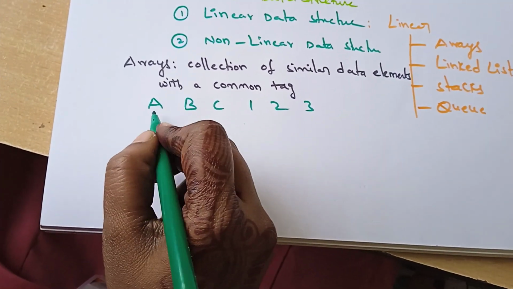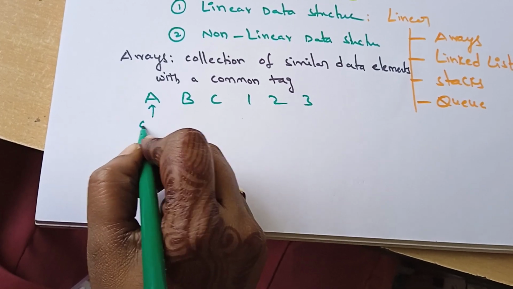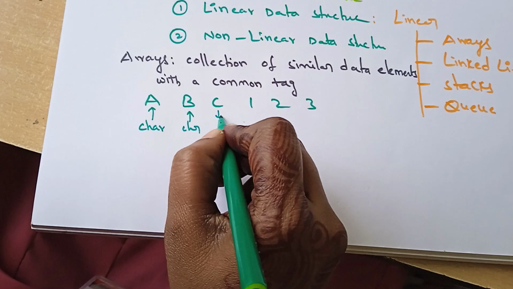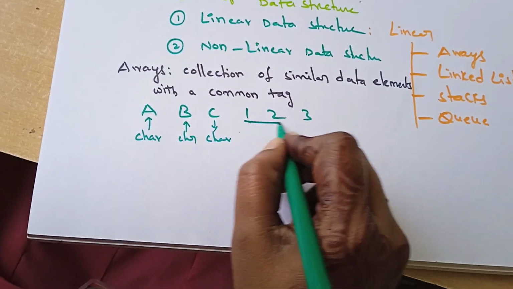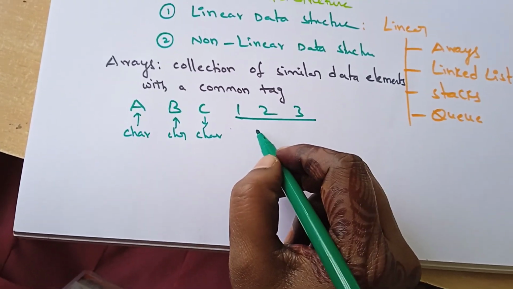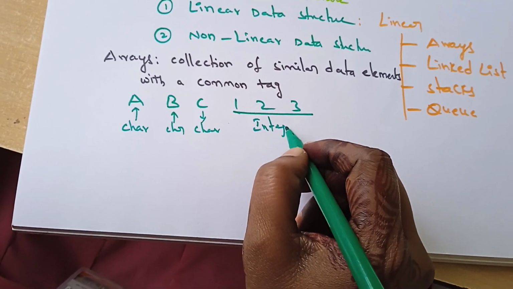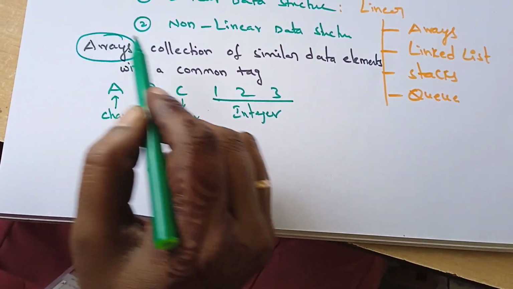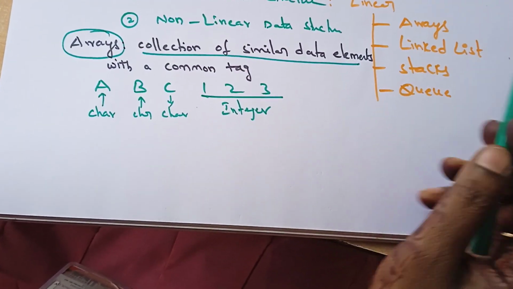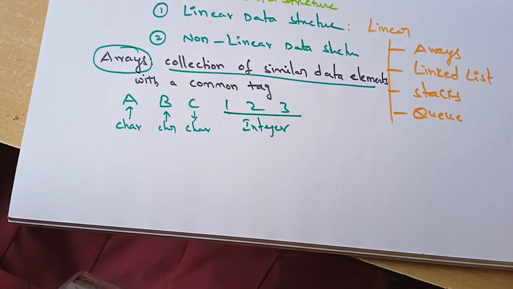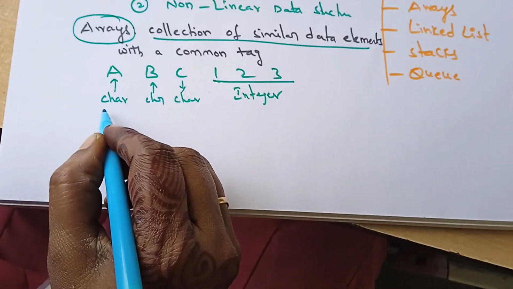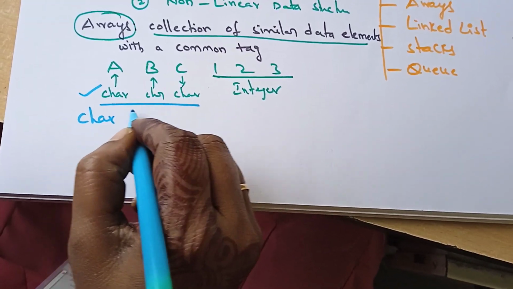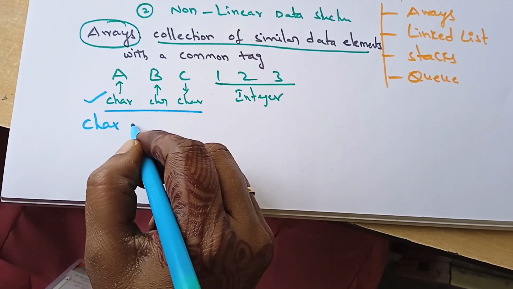Now, as far as A is concerned, it is a character type of data. The same B and C also belong to character type of data. Now let's look into this. These are integer part of data. So the definition of array is what? It is collection of similar data elements. Now let's see the similarity. As these three belong to character, we used to call this a character type of array.